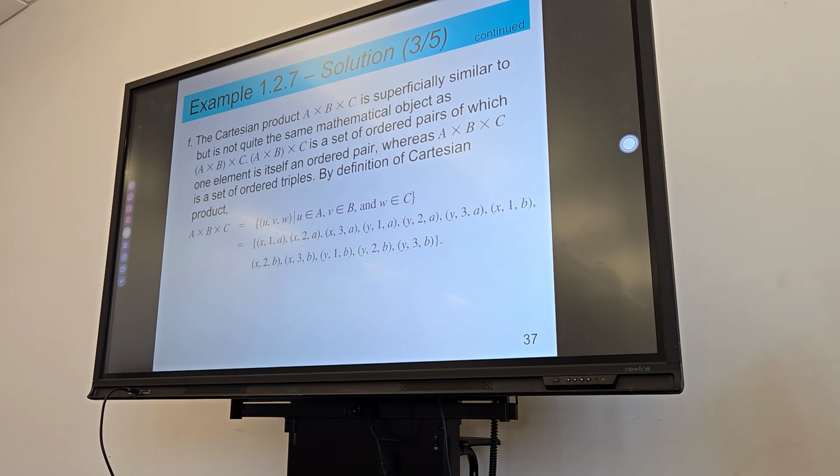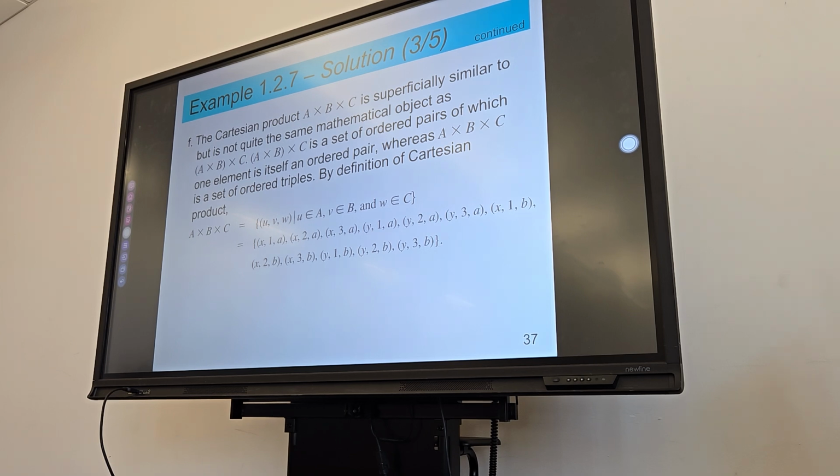This is different because the Cartesian product is of 3 sets simultaneously, so it creates triples instead of ordered pairs. It creates ordered triples. All combinations possible of each elements of each set.